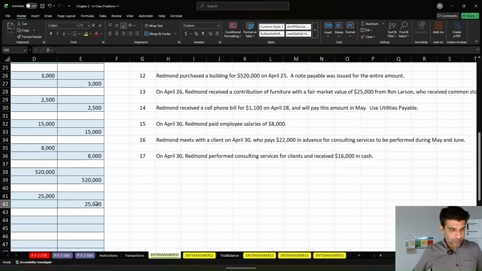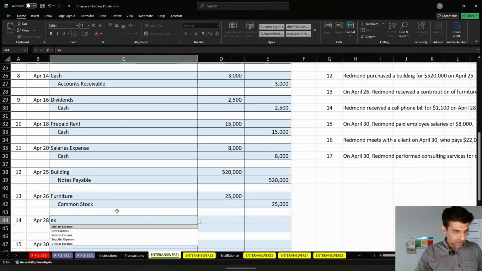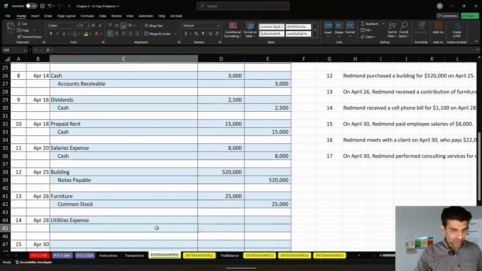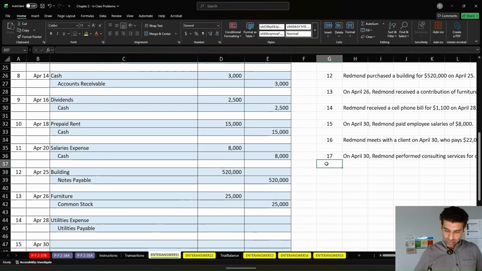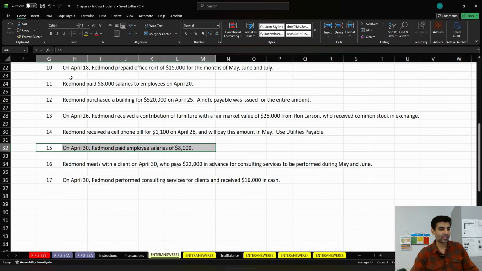So we're going to debit utilities expense, and we're going to credit utilities payable of 1,100.